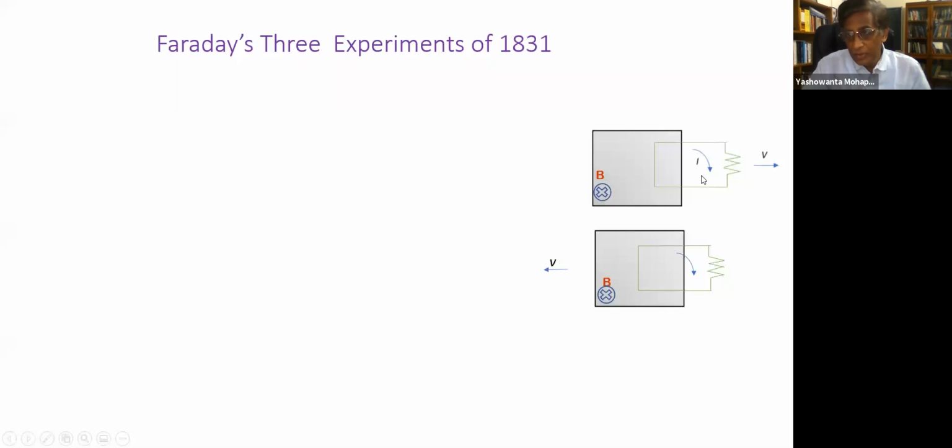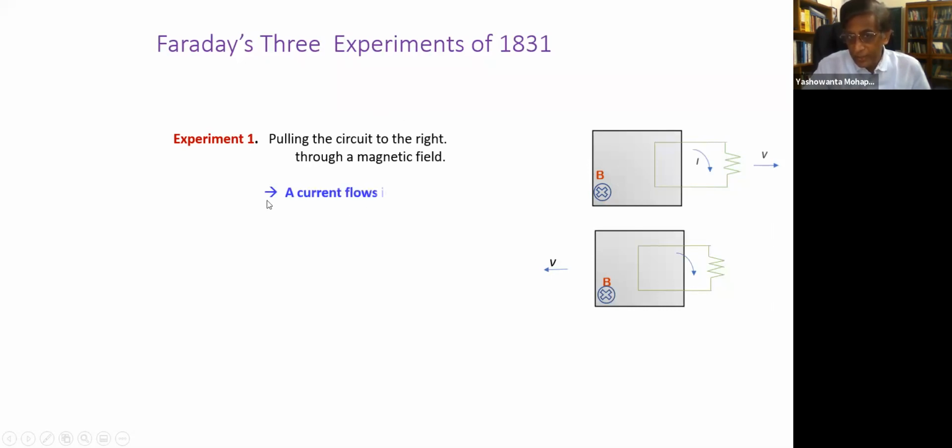Faraday also saw that a current flows, which we have now discussed as motional EMF. There's a moving circuit, and that creates an EMF in the circuit, and that sends a current. That was experiment number 1. Pulling the circuit to the right through a magnetic field makes a current flow in the loop.